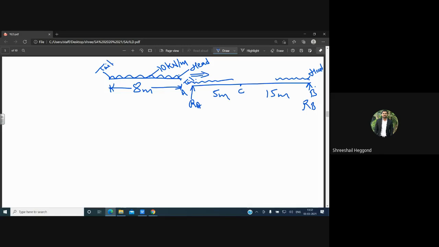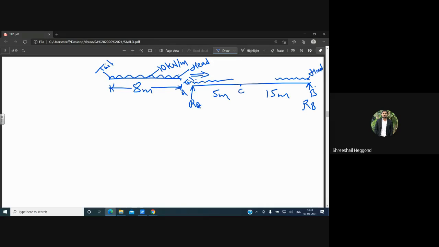So when the tail of the UDL is at A, we will have the maximum reaction at A point. Simple concept: the maximum downward load is acting at A point, so automatically the reaction at A will be maximum at that point. Similarly, when the load is maximum at B point, the reaction at B point will be maximum. Equal and opposite it is. The more load you put from above, the more reaction will come from below, for any supports. Therefore, when the tail is at A point, we will get the maximum reaction at A.